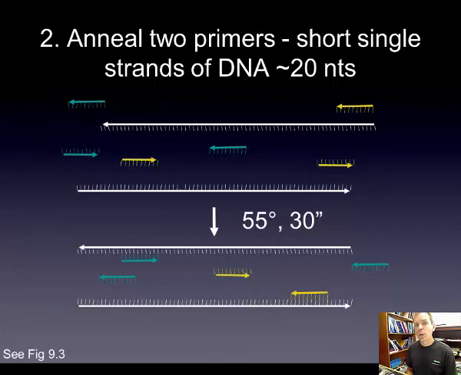Another difference is that these primers are DNA primers because they are more stable and easier to synthesize. The primer annealing or hybridization happens at about 55 degrees.